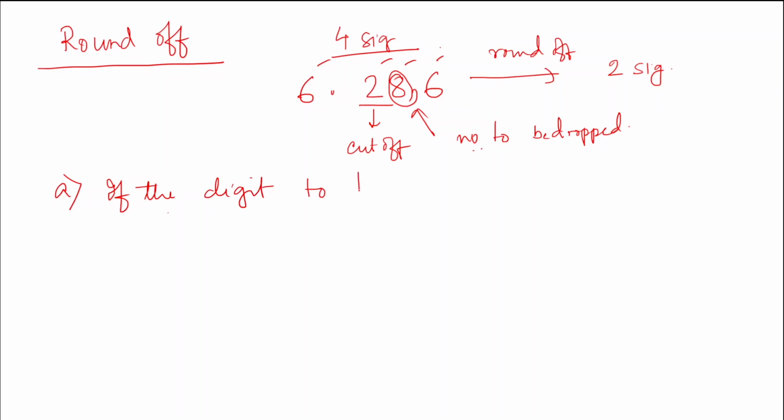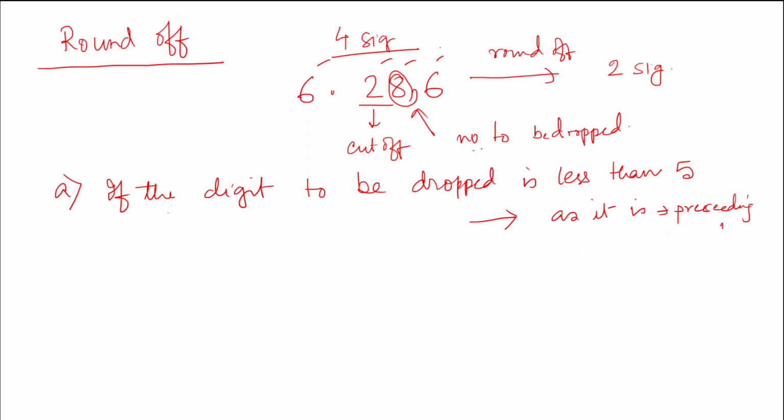तो इसमें क्या कर सकते हैं? How to do that? Now if the digit to be dropped is less than 5, then keep the preceding number or the cutoff number as it is. It remains unchanged, no change. Example: 2.82.